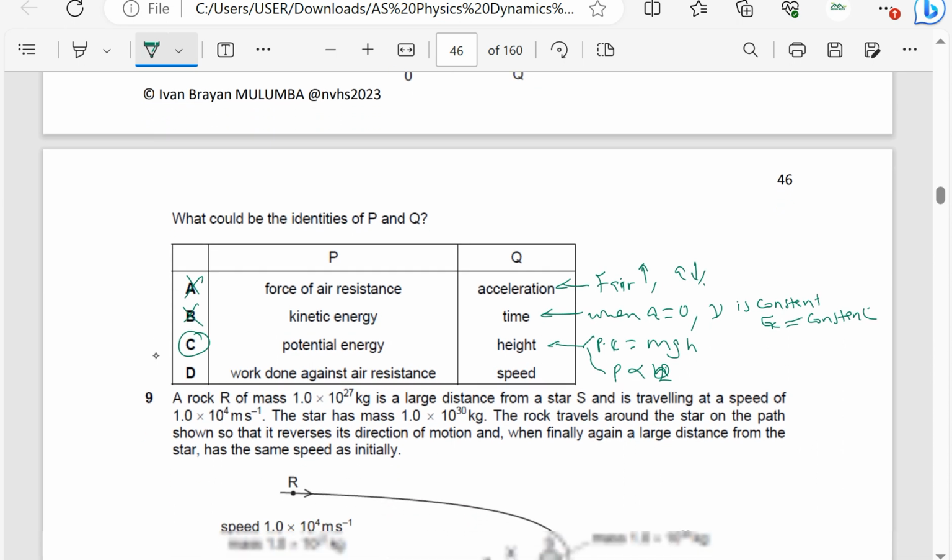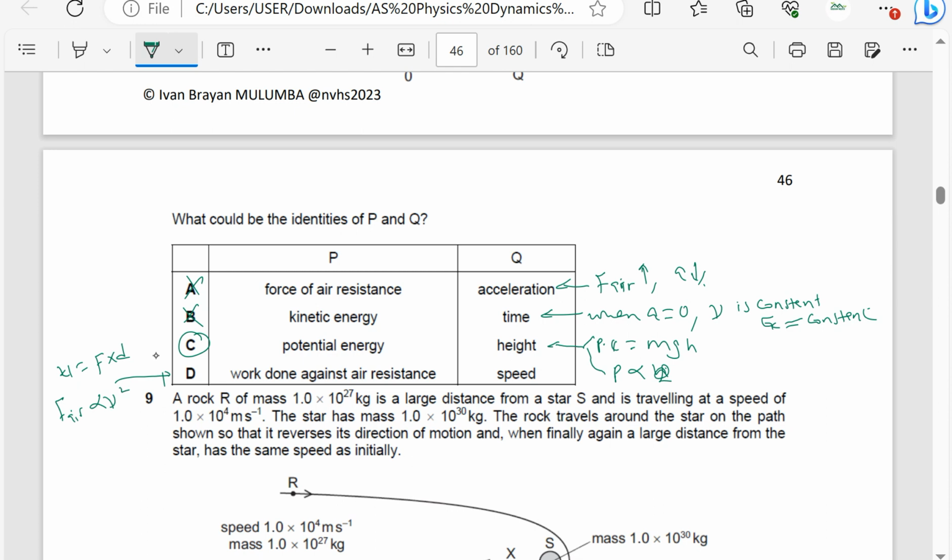Then why not D? D will also be wrong, because work done is equal to force times distance, and we are looking at work done against air resistance. Remember, the force due to air resistance is directly proportional to V squared.